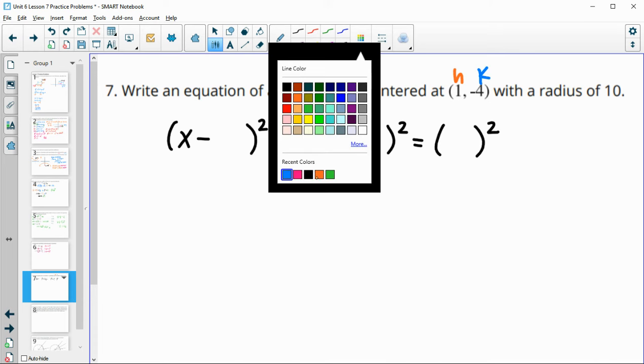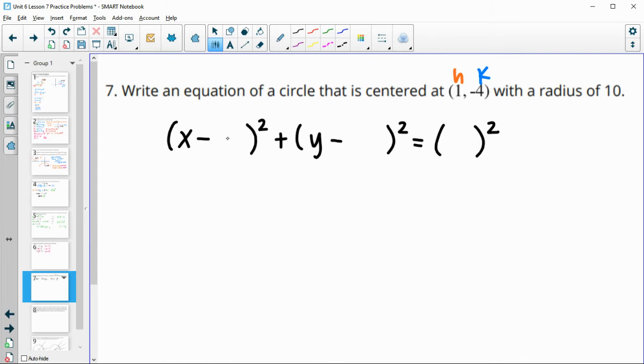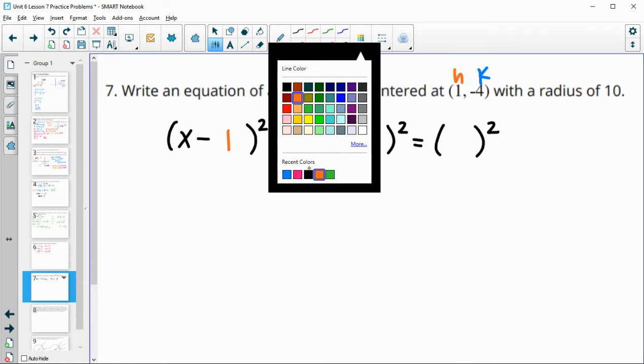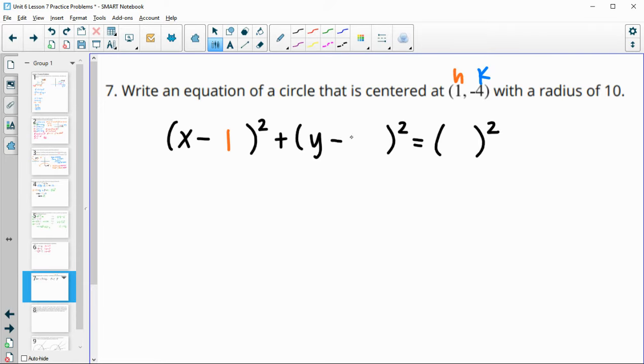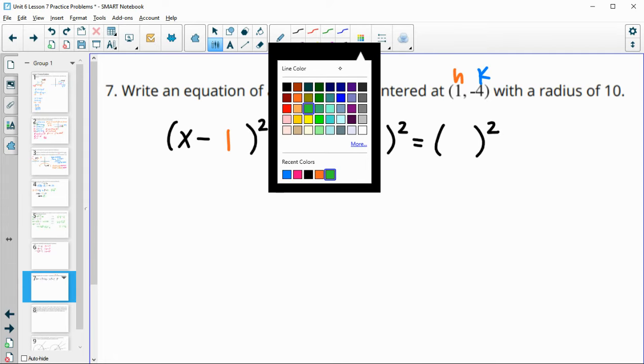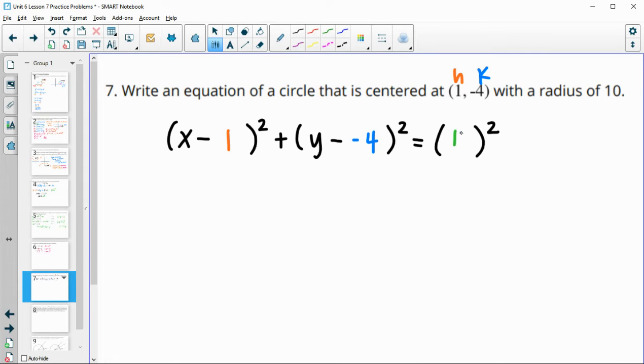So we do x minus the x coordinate of the center, so x minus -1, y minus the y coordinate of 4, and then the radius squared. You can clean it up a little bit: x minus -1 is x + 1 squared, y minus 4 squared, and 10 squared as 100.